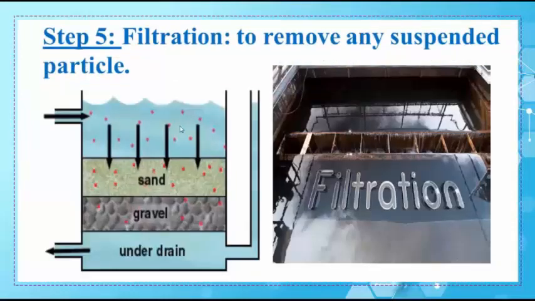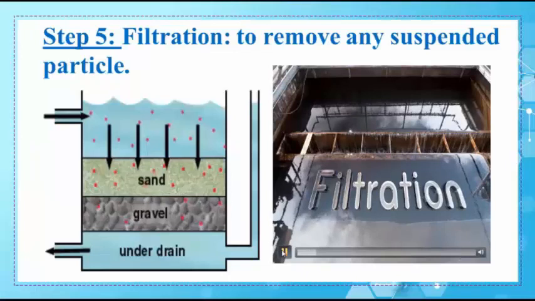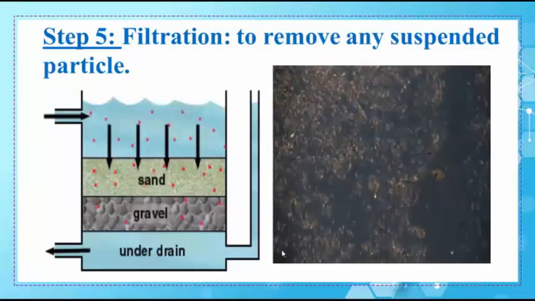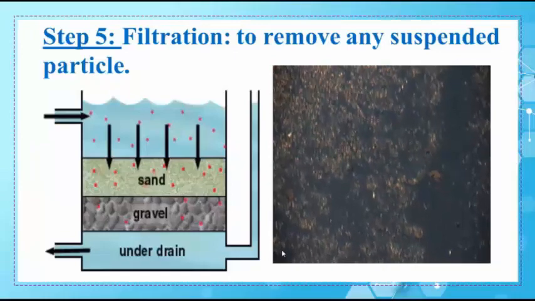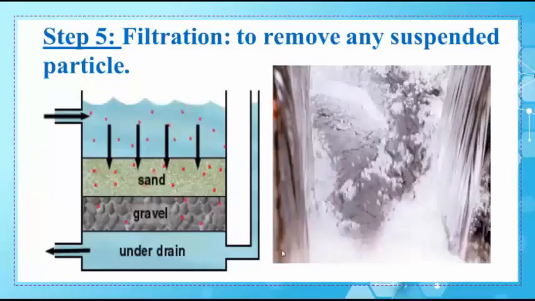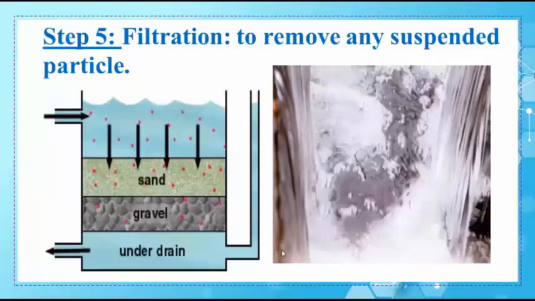Step 5. Filtration to remove any suspended particle. During filtration, as mentioned previously, we use the filter column that contains gravel and sand to remove any suspended particle, as you can see in this video.